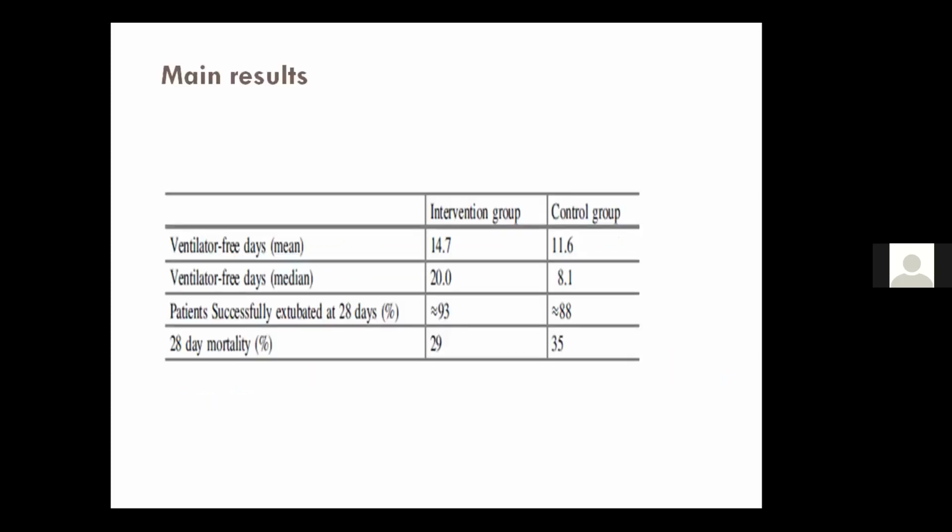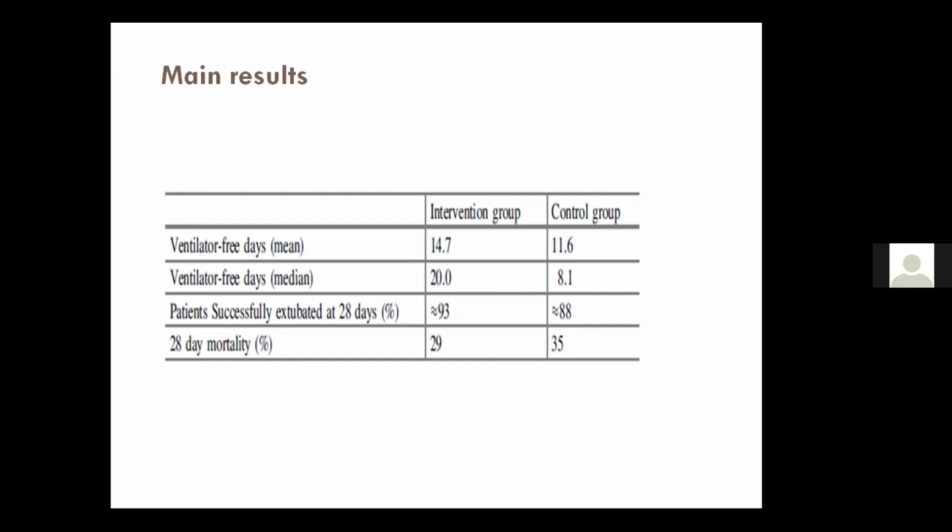So they have an intervention group where they did the intervention. This is the main result from the Lancet study actually. The intervention group and the control group both were on ventilator for 3 days. They collected the data, and this is the result.